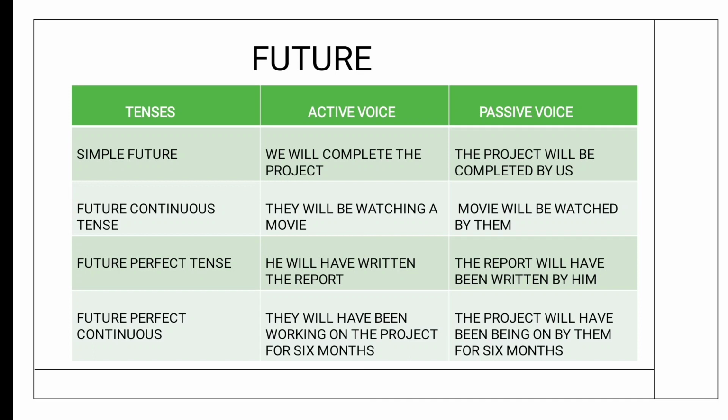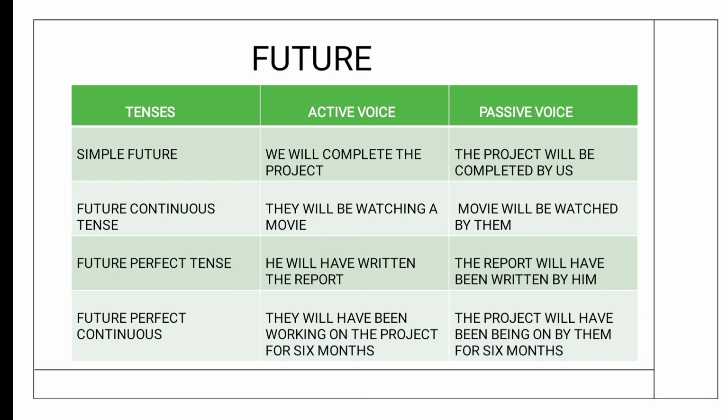To convert into the passive voice, the object should become the subject here. So what is the object here? The project is the object. So the object will become the subject. The project. See, when we are converting a simple future tense from active voice to passive voice, it is will be, shall be. So here we have will, so it will become will be.